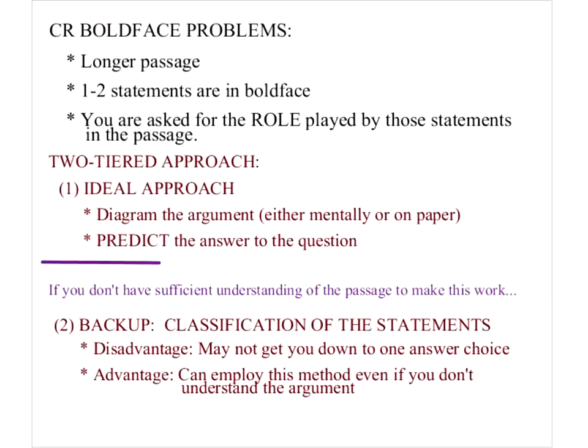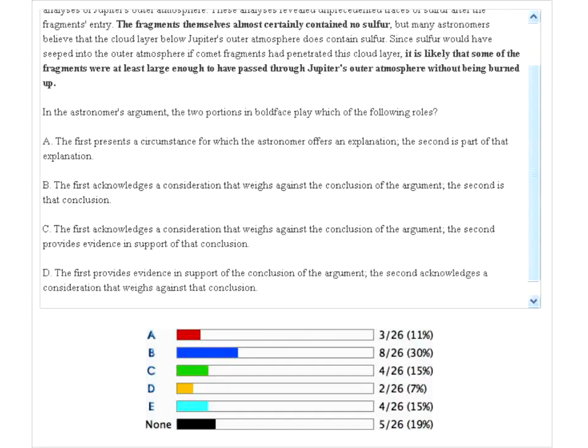Back to this screen that's right here. Cheryl, yeah, when you look at boldfaces, you definitely have to look at just the fragment of the sentence that is boldfaced. Because a lot of the time, if you've got a sentence with multiple parts, they're going to work against each other.